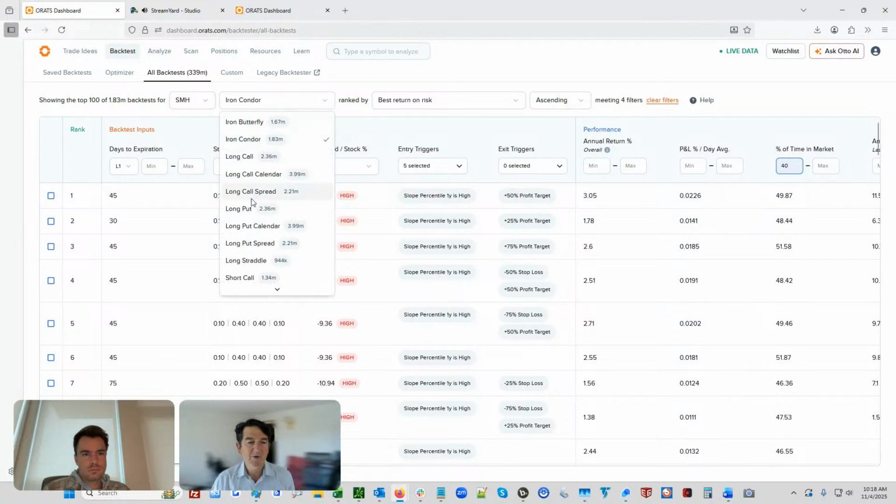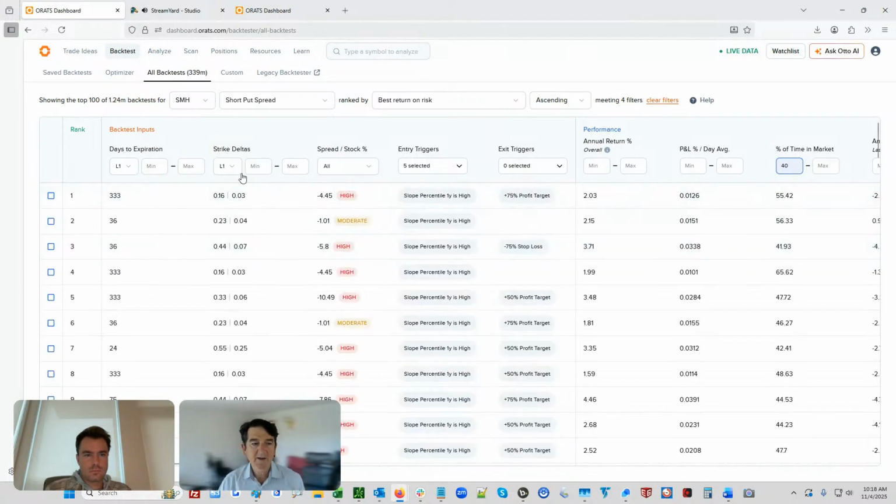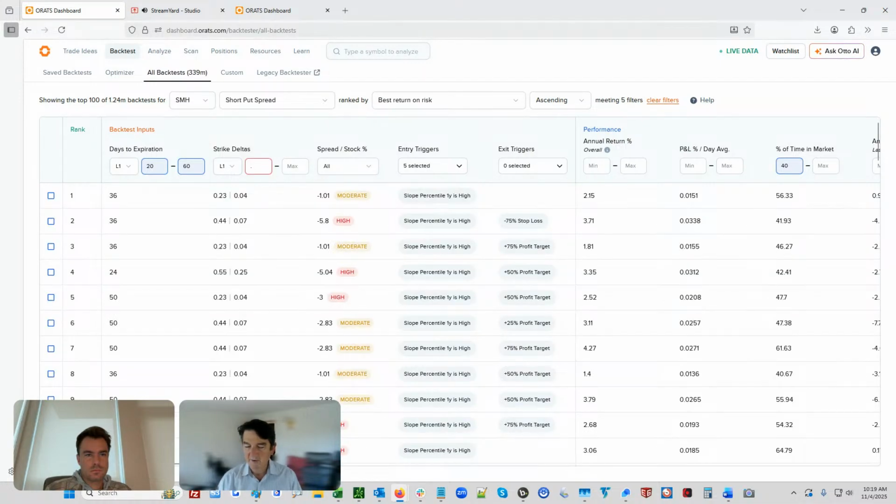So, we could look at short put spreads, for example. And let's just look at something from 20 days to 60 days, and a delta that's a little bit higher than way out of the money.